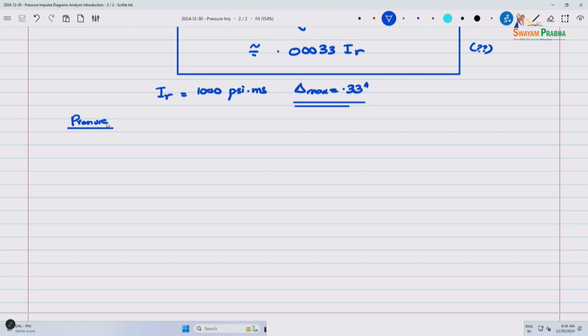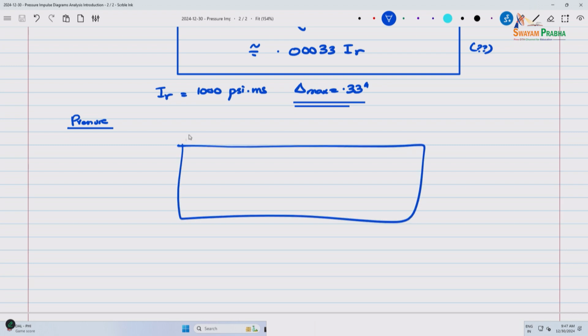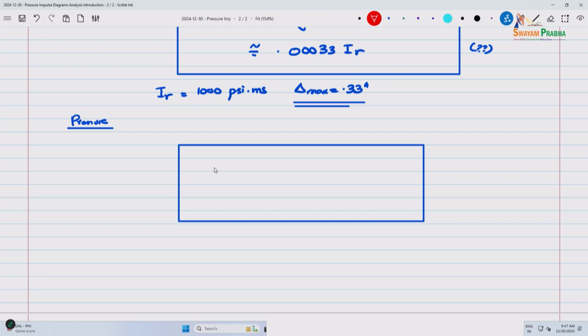So the pressure expression was C1. So X max is 3 L by D cubed PR. So this is just in terms of the pressure and E values.